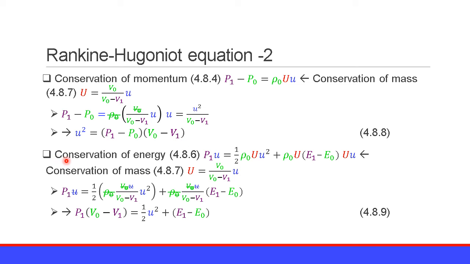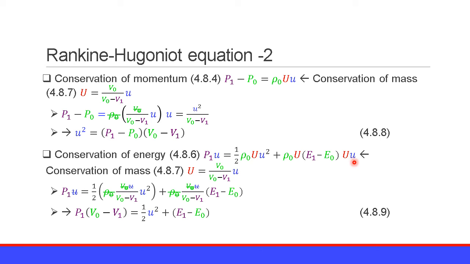Next, the equation of conservation of energy, 4.8.6: P1 u is equal to 1 over 2 rho 0 times the shock velocity U times the particle velocity u squared, plus rho 0 times shock velocity large U times the internal energy difference E1 minus E0, where u is the particle velocity.